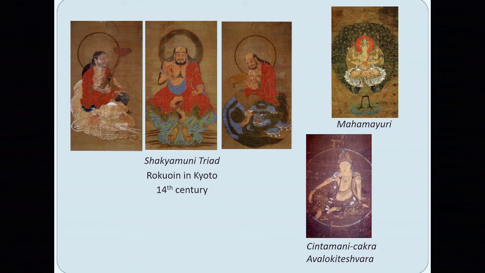For instance, Goryeo Buddhist believers as well as artists generally did not adopt the iconographies that we're looking at here, chiefly those from esoteric Buddhism, such as Maha Mayuri and the Chintamani Chakra, and other iconographies that just don't show up in Korean examples, but do appear in Chinese and Japanese paintings.